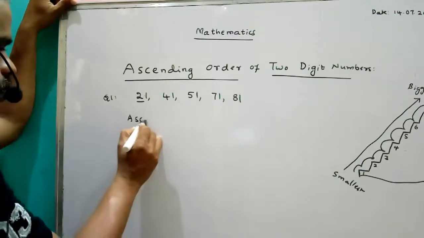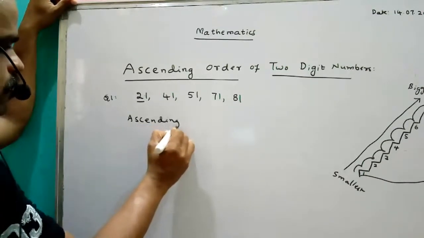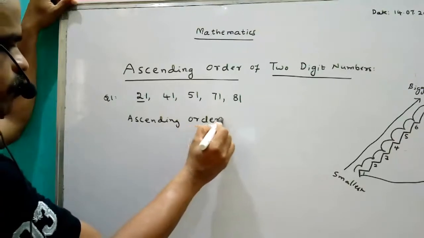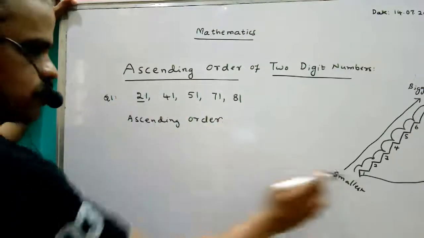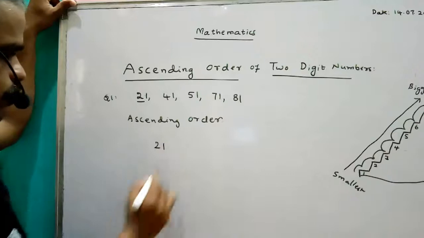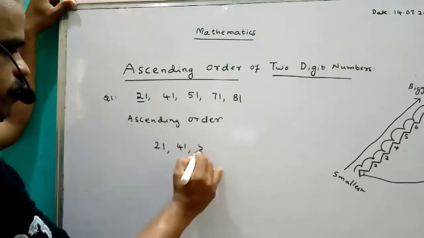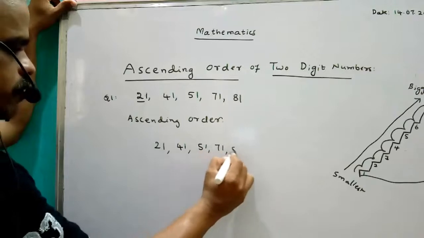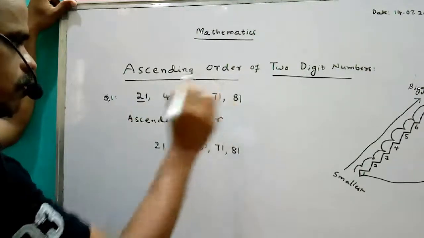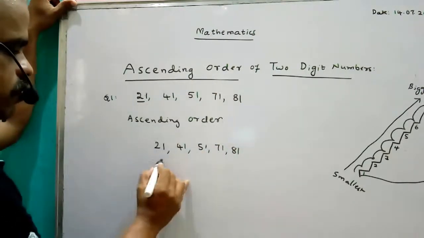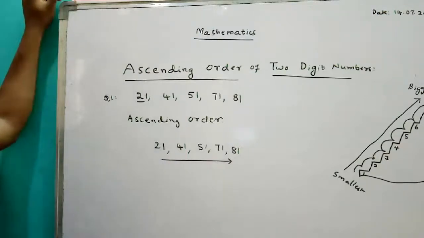So ascending order starts from smallest. 21. Next 41. Next 51. Next 71, 81. Already I gave it in ascending order only. That's why your work is easy here.